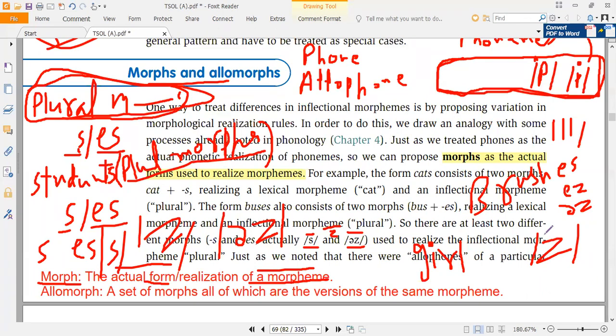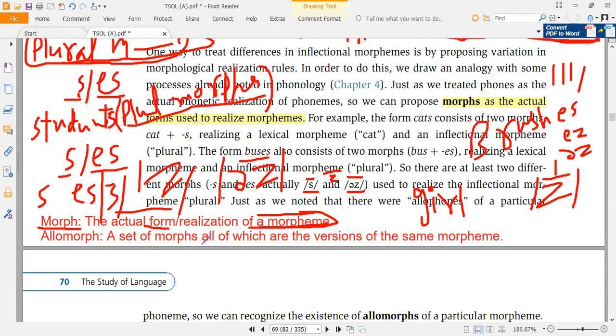You just added this actual form. It means that z is the actual form of the plural morpheme, same as the case with s and with iz. These are the three morphs, and morphs are the actual realization of morphemes, right?